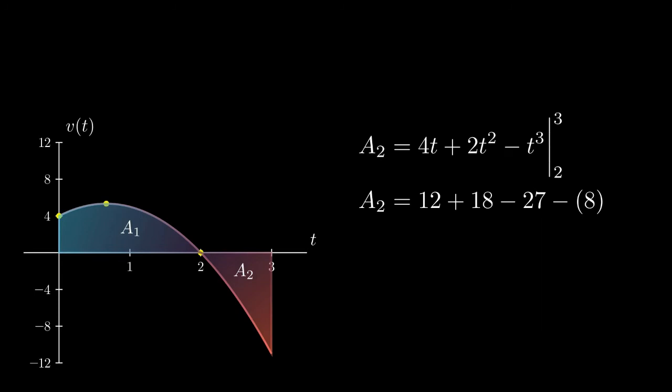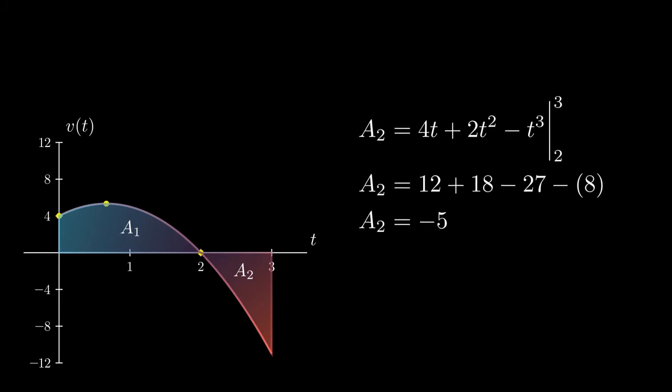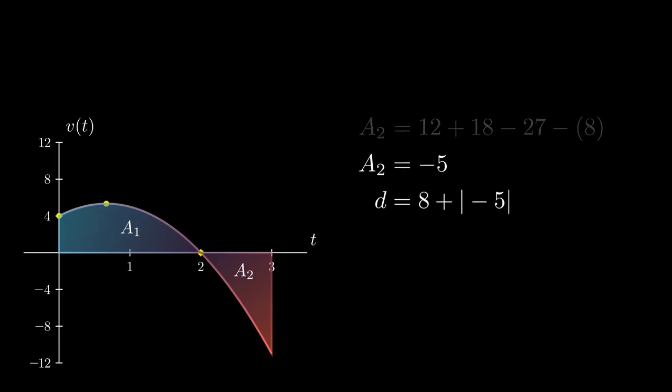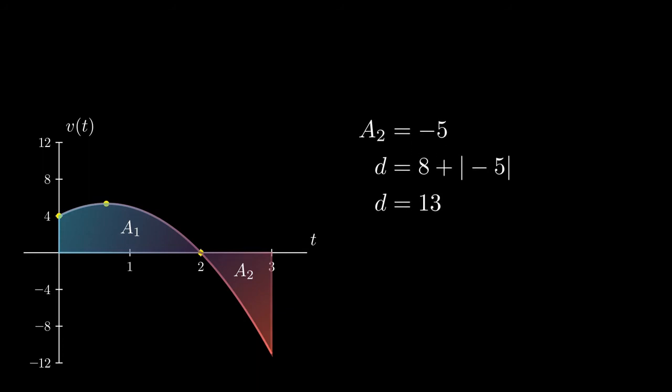We put 3 in, again nice, easy numbers, and we get 3 minus 8, which is negative 5. As we expected, it's a negative number because it's below the t-axis. Because we want total distance, we take the absolute value and switch that to a positive. And that's it. 8 plus 5, 13. There you have it.